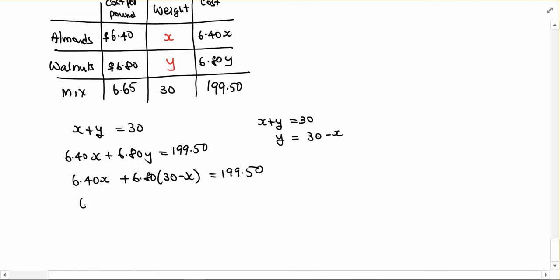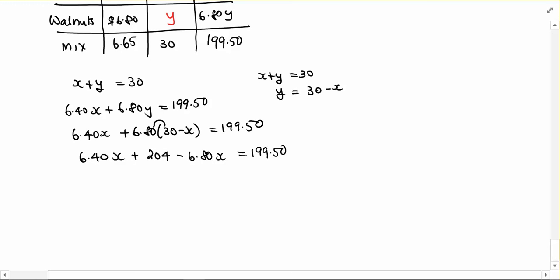So we get 6.40x plus 30 times 6.80. So let's distribute here. That's going to be 204 minus 6.80x equals 199.50.